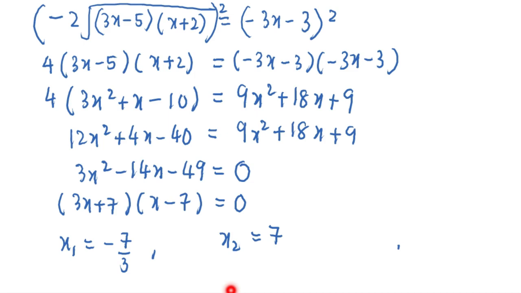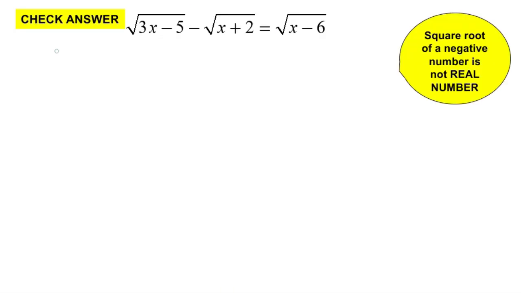Since we have two possible answers, we need to check whether both answers or either one will satisfy the original equation. So start with the first root, which is negative 7 over 3. Check both sides.